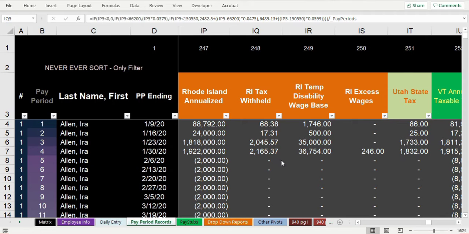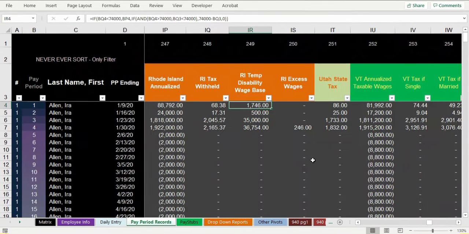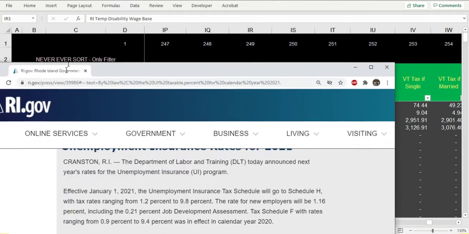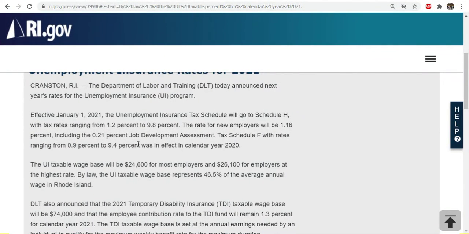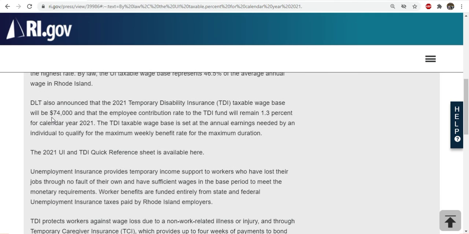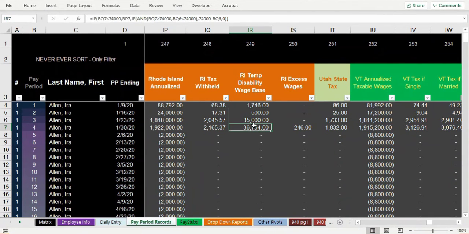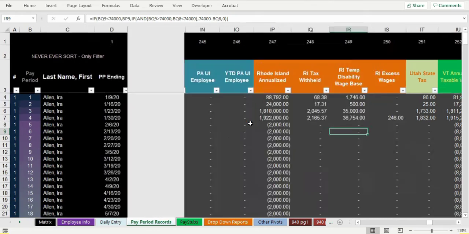Now we can talk about state disability. It gets a little more complicated to write a formula that stops applying tax at a certain wage base, and that's what you have to do with the temporary disability and the state disability. The state disability basically is the first $74,000 of wages get taxed at this 1.3%. So in order to do that, you have to figure out what the wages are as they're going and not go over 74,000. I have it set to do that here.